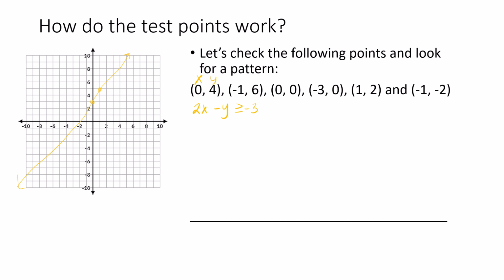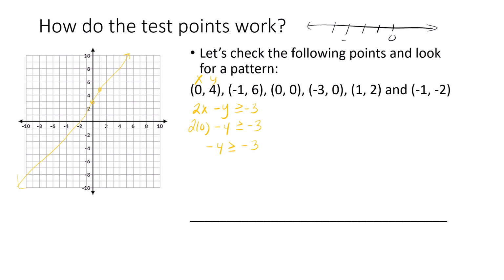So we have 2 times 0 minus 4. And we want to see, is that greater than or equal to -3? Well, 2 times 0 is 0, leaving us with -4 is greater than or equal to -3. Well, -4 is not greater than or equal to -3. If you're thinking, wait a minute, 4 is greater than 3, remember that we're on the number line here.